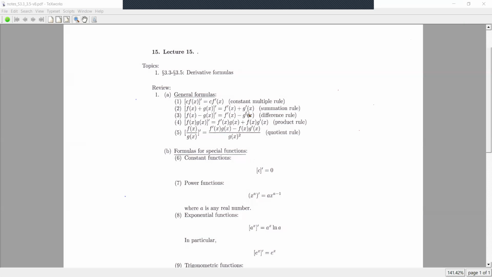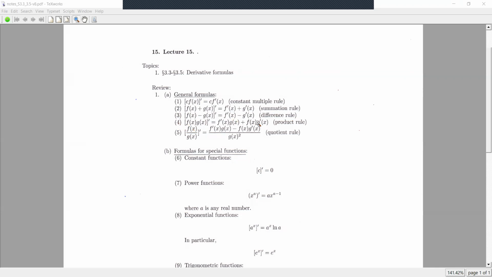Formula number 2, summation rule. Derivative of a sum is sum of the two derivatives. Number 3, difference rule. Derivative of a difference is the difference of the two derivatives.